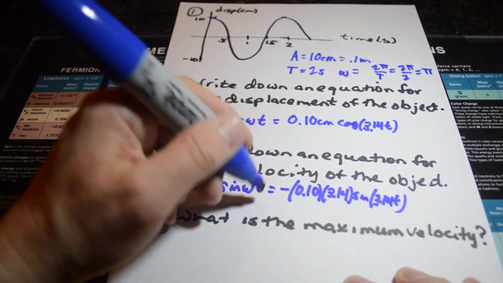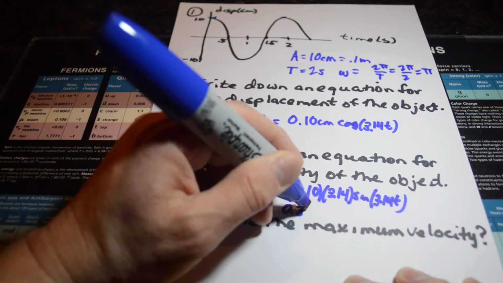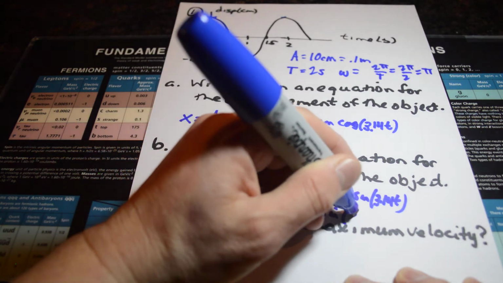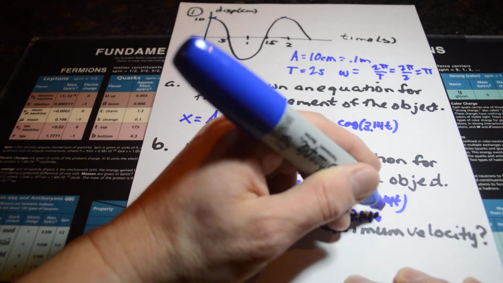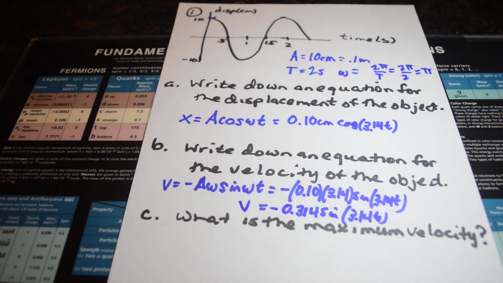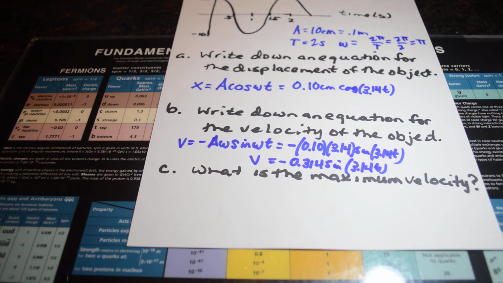And so you put those together, 0.314 sine of 3.14 t. You could have left it in terms of pi, but if you're one that likes decimal answers, you get it.